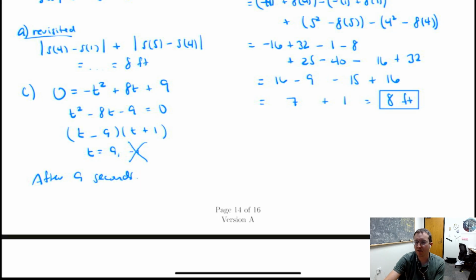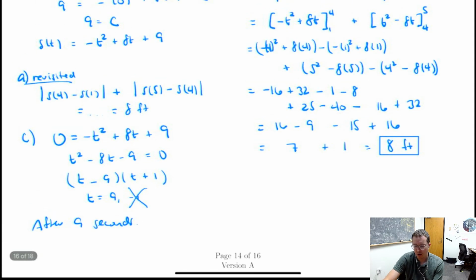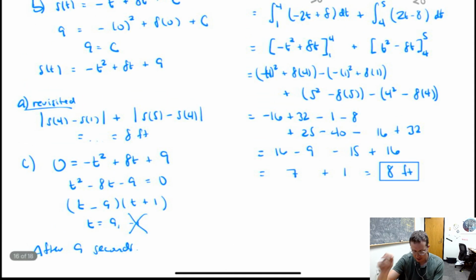The integral gives 10 feet? Oh no. Anyone see where I went wrong? Minus 1 plus 8?